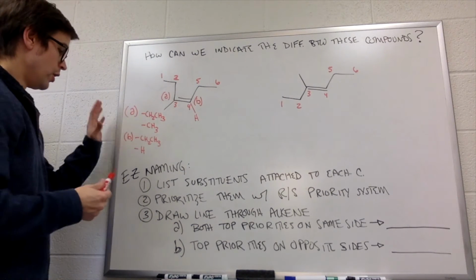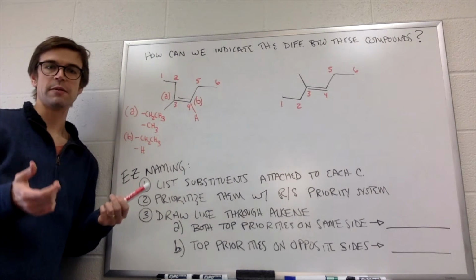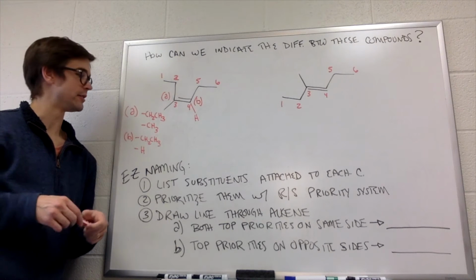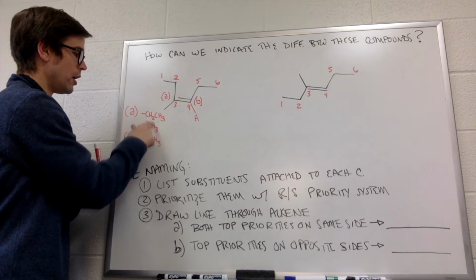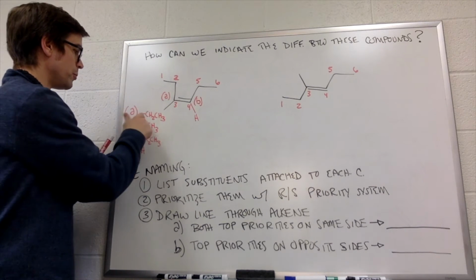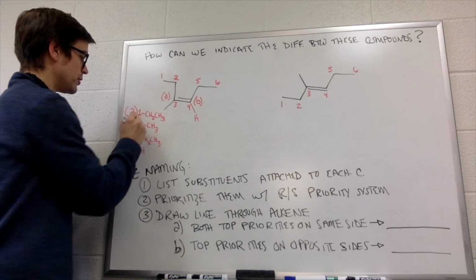We list those and we prioritize them according to the same RS system, so the largest atom wins. In A, that carbon ties that carbon. These 3 hydrogens are beat by that carbon. So this would be the winner. This would be priority 1, and this would be priority 2.